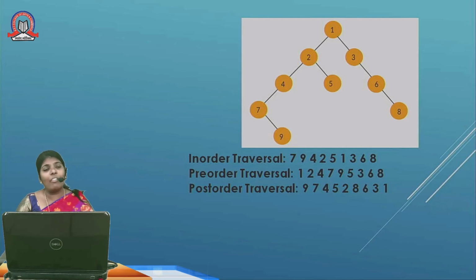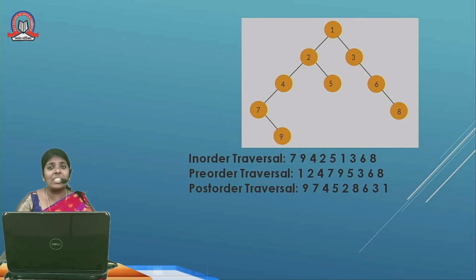So now in this concept, in-order means what? Left subtree, then root, then right subtree. Pre-order means first you traverse the root, then left, then right. Post-order traversal means left, right, then root. Okay, this is the concept of in-order traversal, pre-order traversal, and post-order traversal.